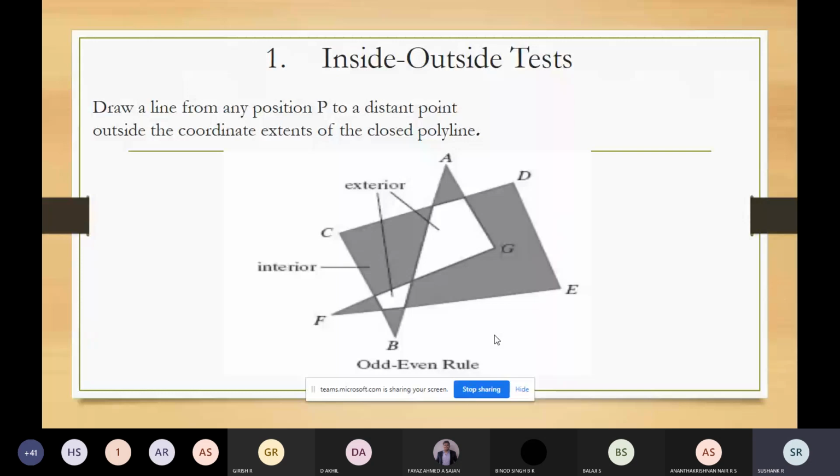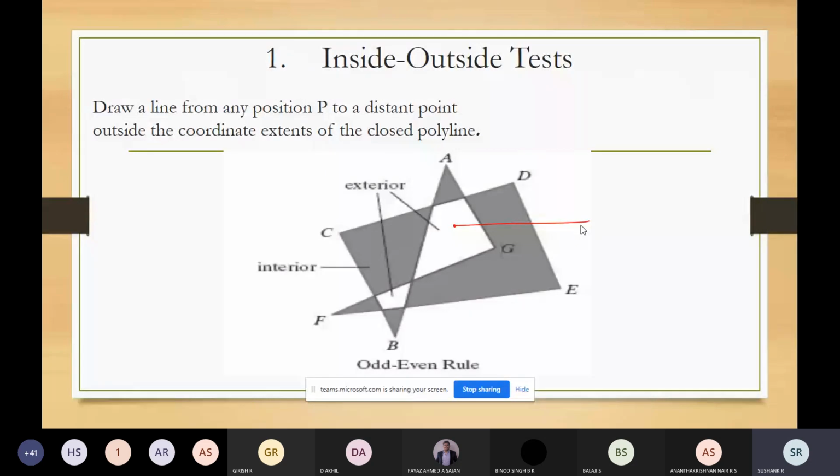Draw a line from any position point P to a distant point outside the coordinate extent of the closed polygon. Assume there's a point here. From this point, draw a line to a distant position outside the coordinate extent of this polygon.